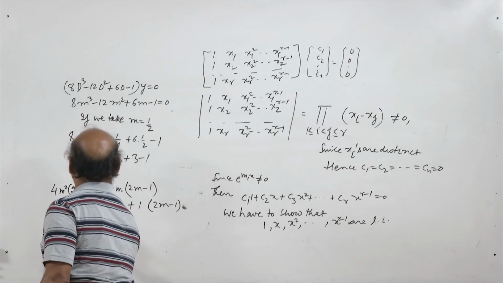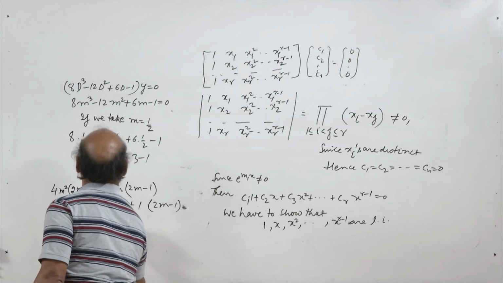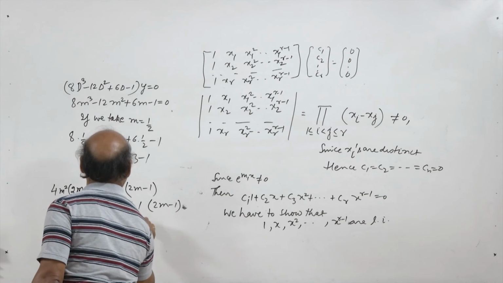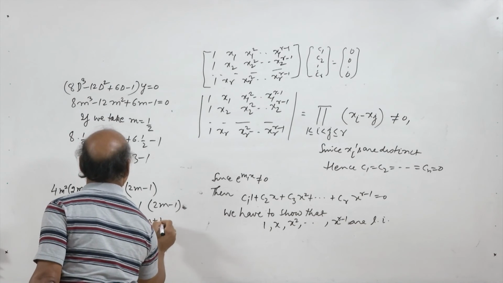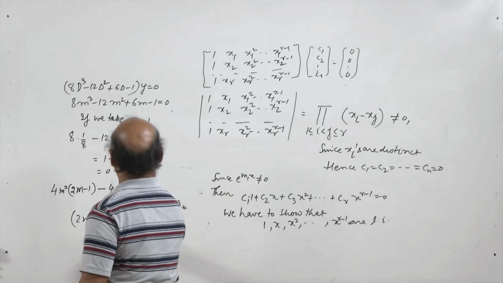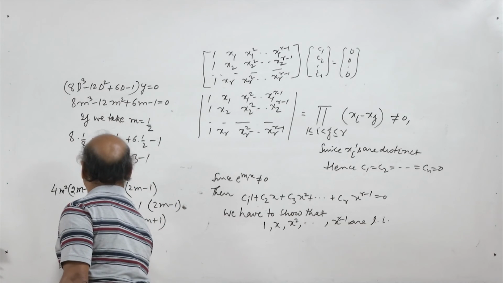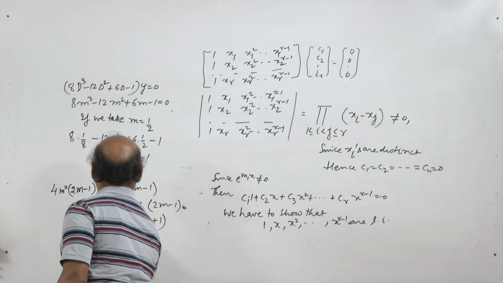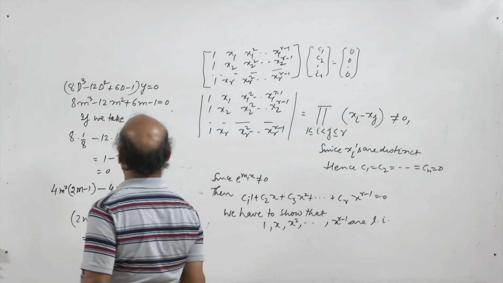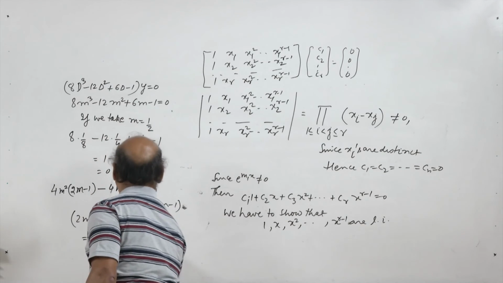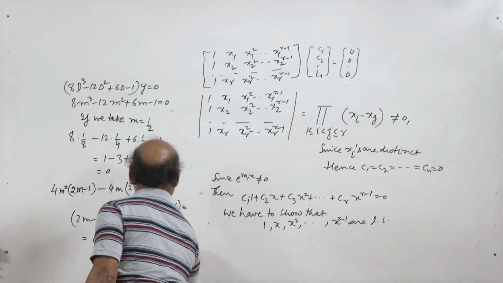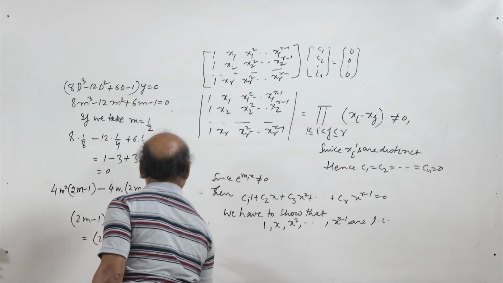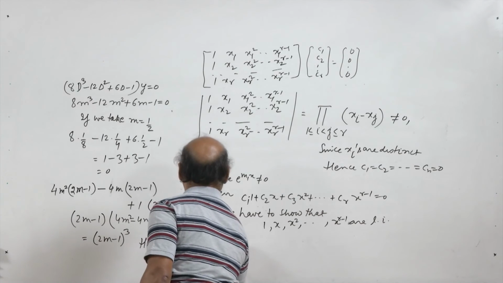So this is 2m minus 1 into 4m square minus 4m plus 1. These are the two factors, and this is the square of 2m minus 1, so this is 2m minus 1 whole cube. So here m equal to half is the root of multiplicity 3.